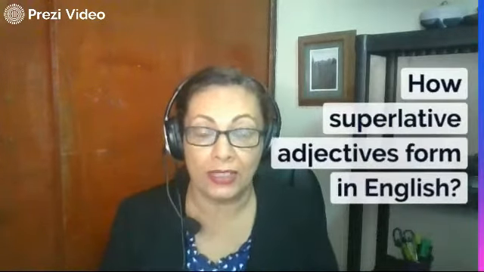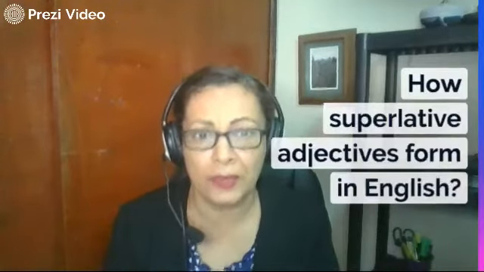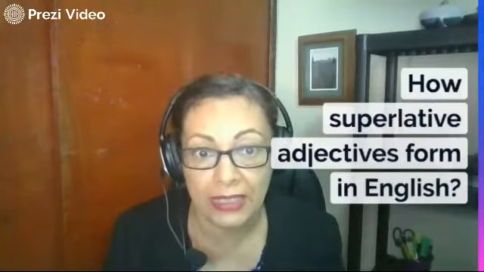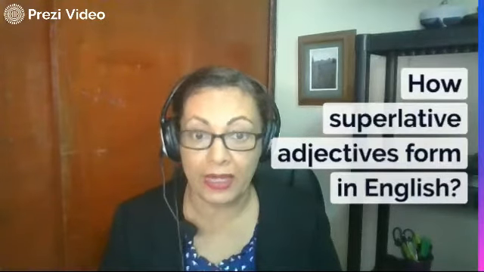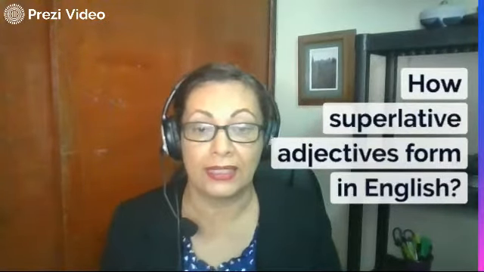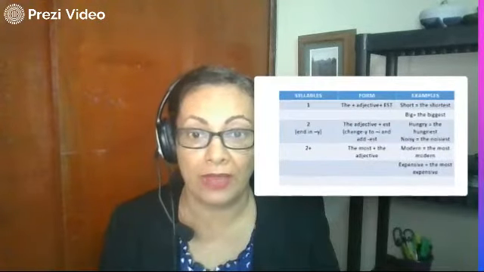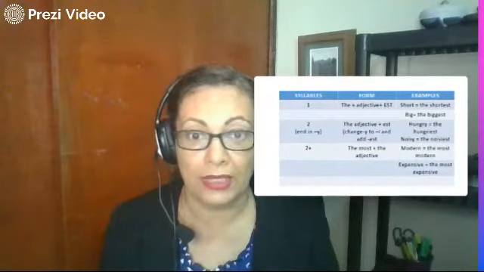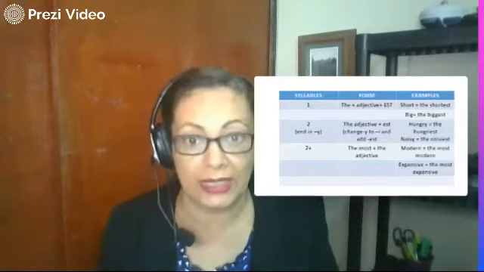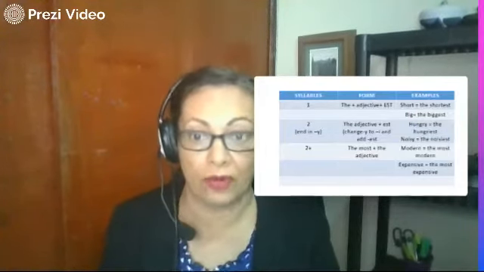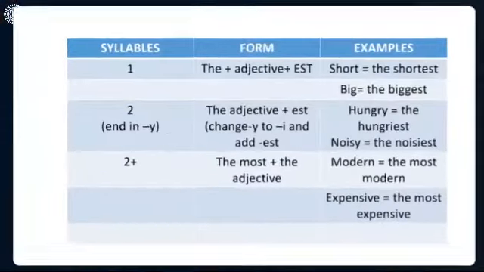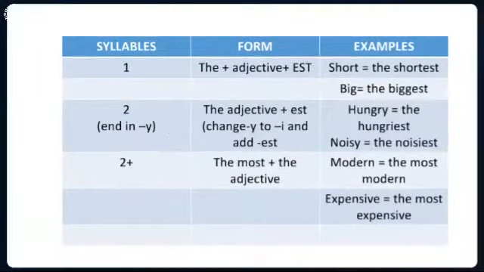But now we have to start thinking, how do superlative adjectives form in English? It depends on the syllables that the adjective has. I'm going to show you a table with this to make sure that we understand how adjectives form in English. For example, for one-syllable adjectives, we add the "est" to the adjective.